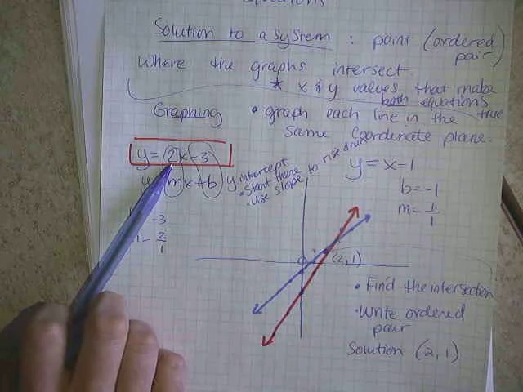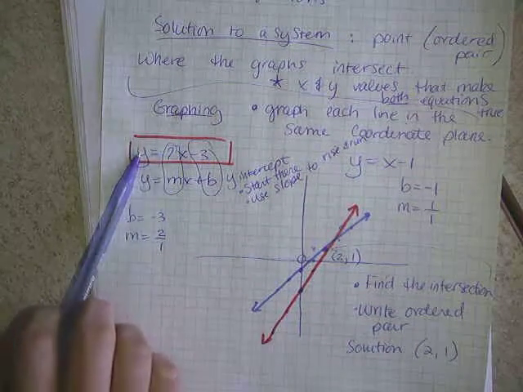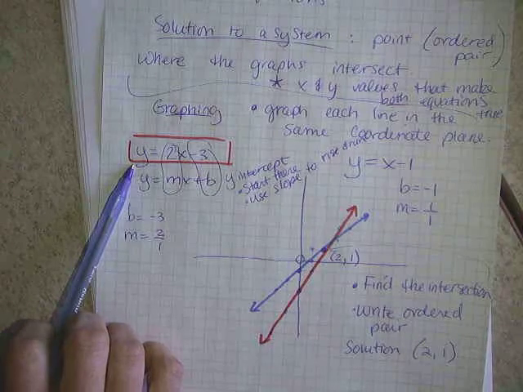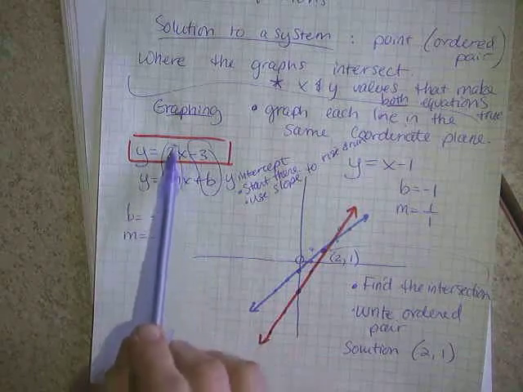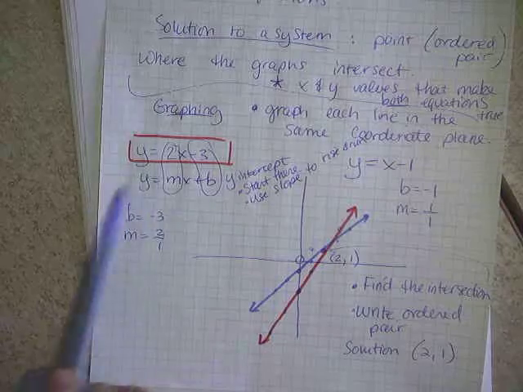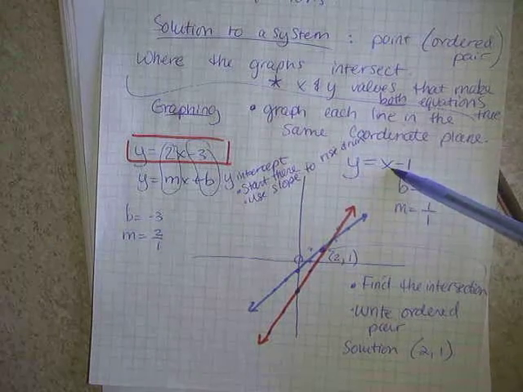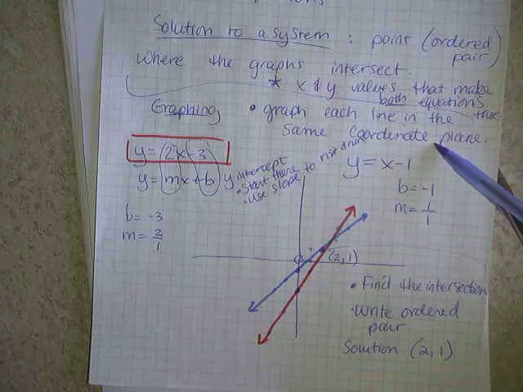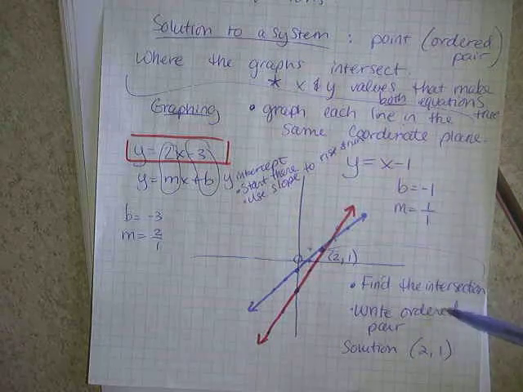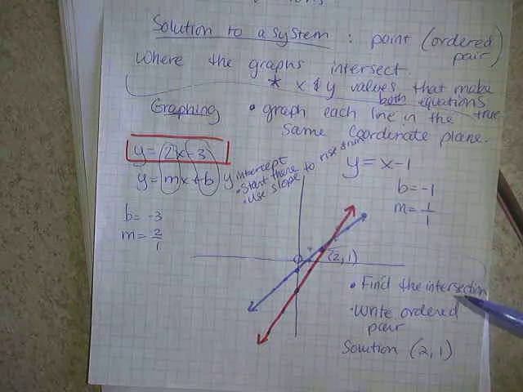So, if I wanted to make sure that 2, 1 is truly a solution, if I go up here and plug in 2 for x and simplify that, do I get 1 for y? 2 times 2 is 4, minus 3 is 1, so y would be 1, right?